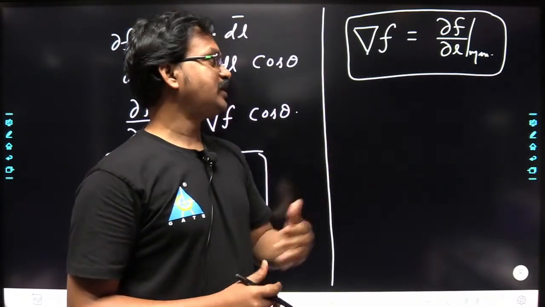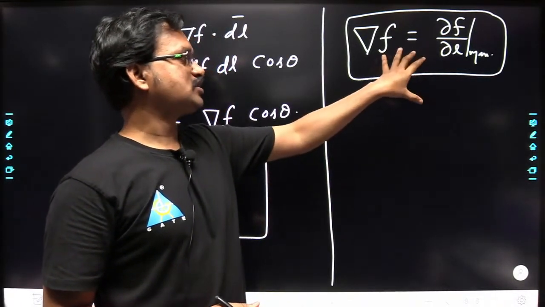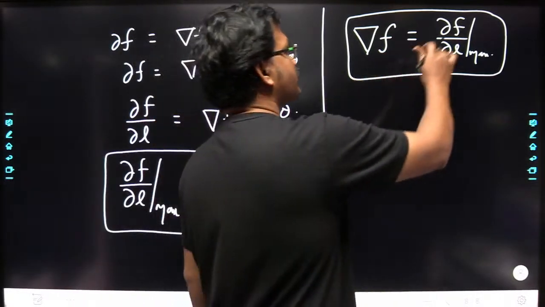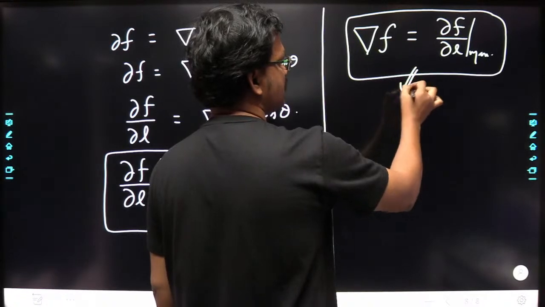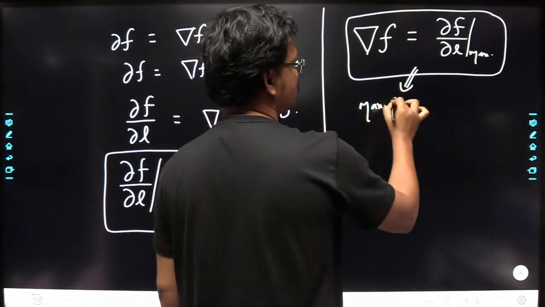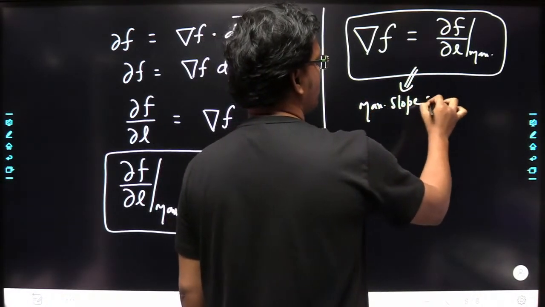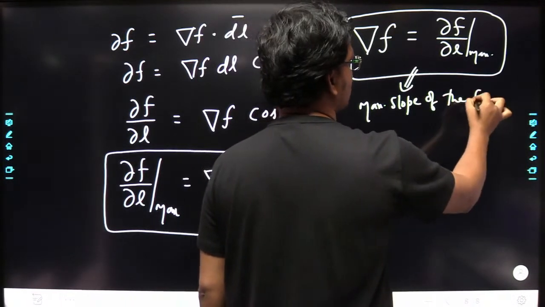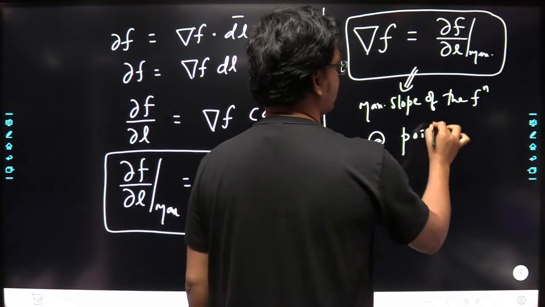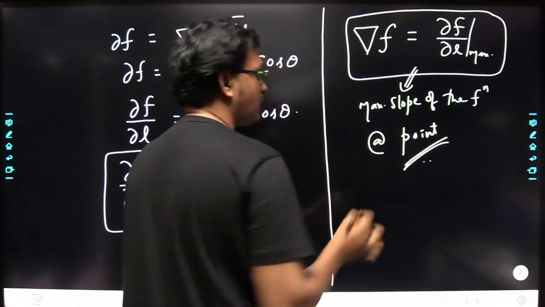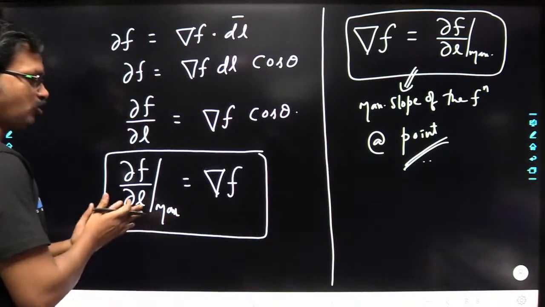I will explain in detail here, no problem. Gradient of f is equal to ∂f/∂l maximum. That means it represents the maximum slope of the function at a point. Mathematically I have proved this.